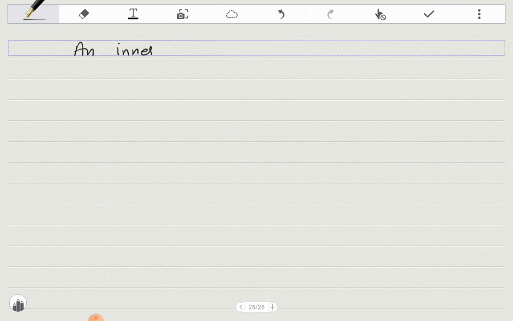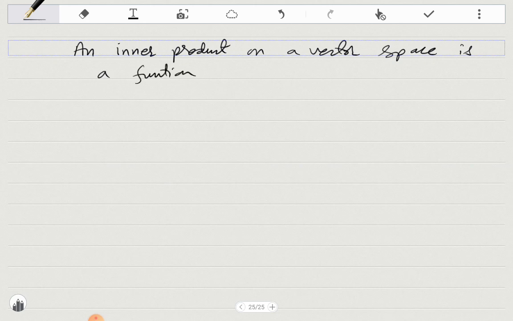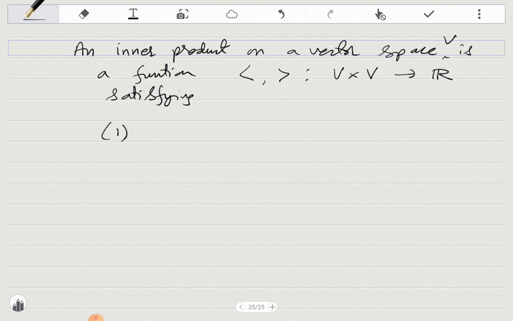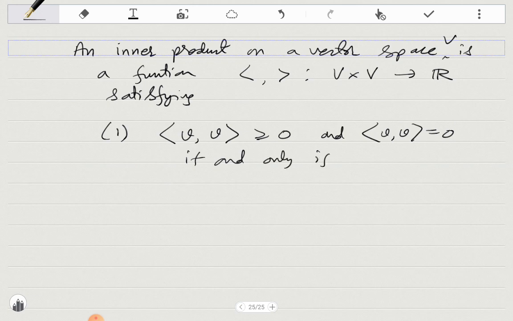An inner product on a vector space is a function, which I'll denote by this kind of bracket, from V cross V, vector space V, to R. The first property: the inner product of v with v is always greater than or equal to 0, and it is 0 if and only if v is 0.